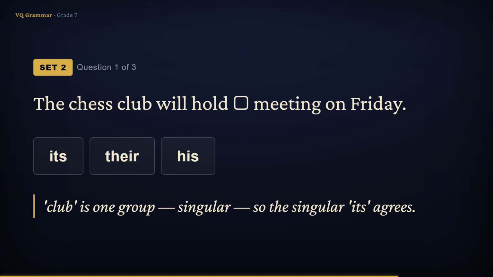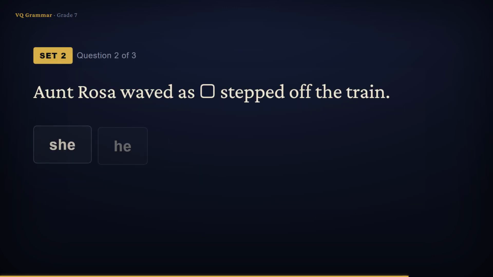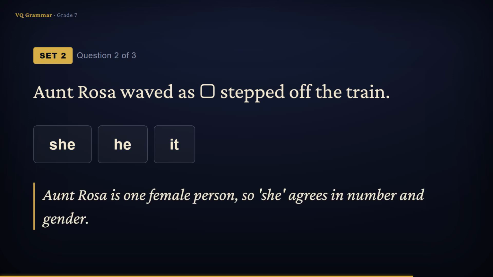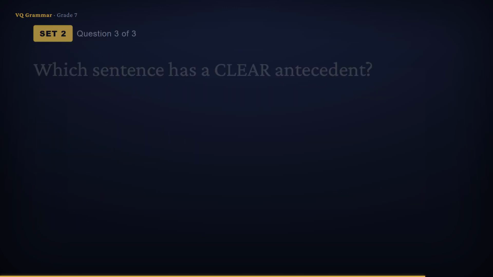A club is a single group, so it's singular, which means we need the singular pronoun its, not their. So the answer is its. Aunt Rosa waved as she stepped off the train. The antecedent is Aunt Rosa, one person, and she's female. So the pronoun has to be singular and female, which is she. So the answer is she.